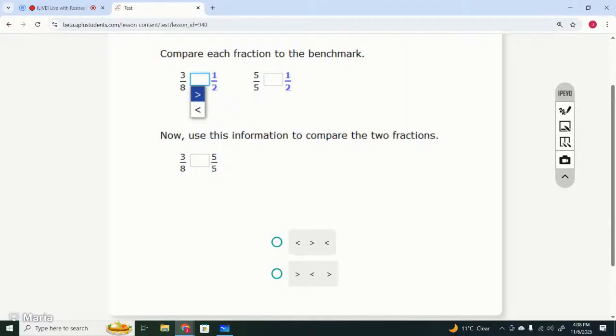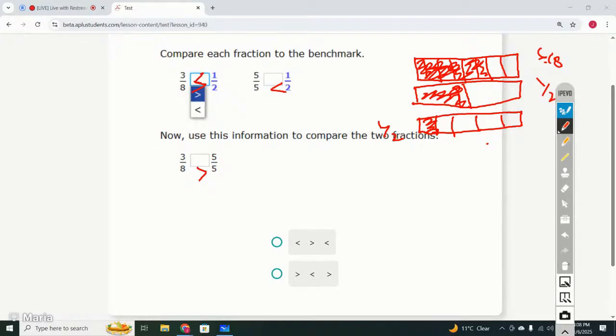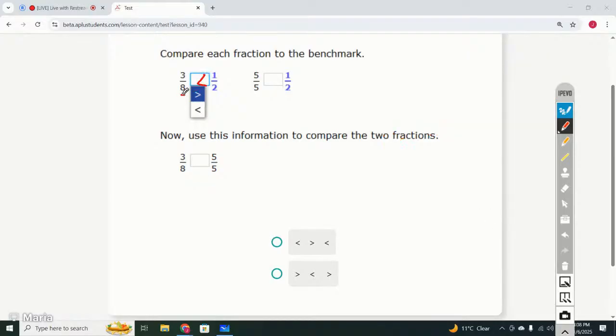So compare each fraction to benchmark. 3 by 8 is less than half. The easiest way to compare: the half of 8 is 4, right? And 3 is smaller than 4. That means 3 by 8 is less than half. And 5 by 5 means 1. 1 is greater than 1 by 2.